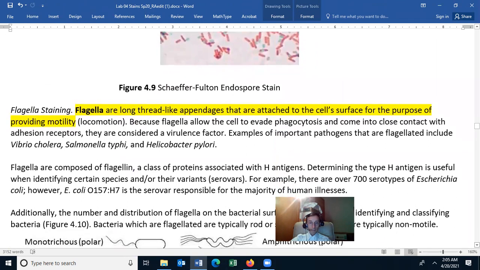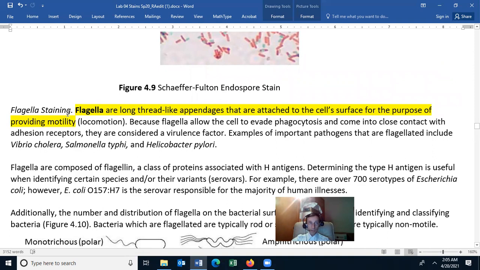All right, the last special stain I want to talk about is the flagella stain. Flagella are long thread-like appendages, sort of like a whip, that are attached to the cell surface, and their purpose is providing the cell with motility. So if the bacteria can swim through the fluid in a liquid culture, that means they have flagella, because the only way bacteria can swim is with flagella.